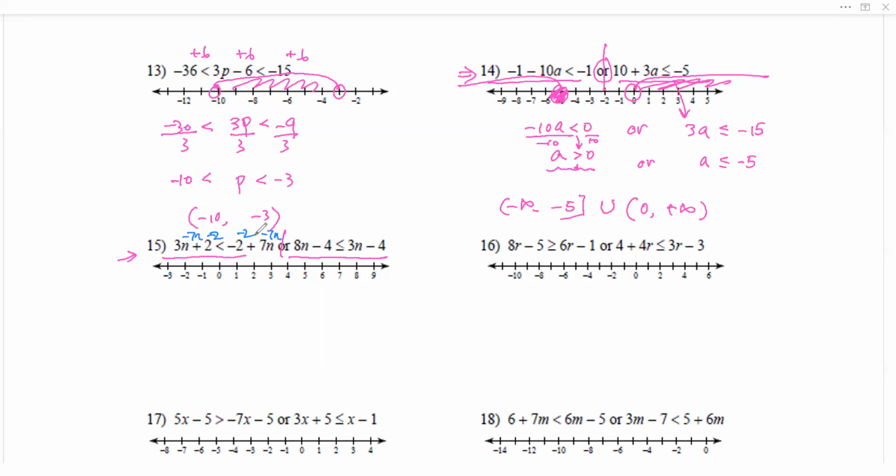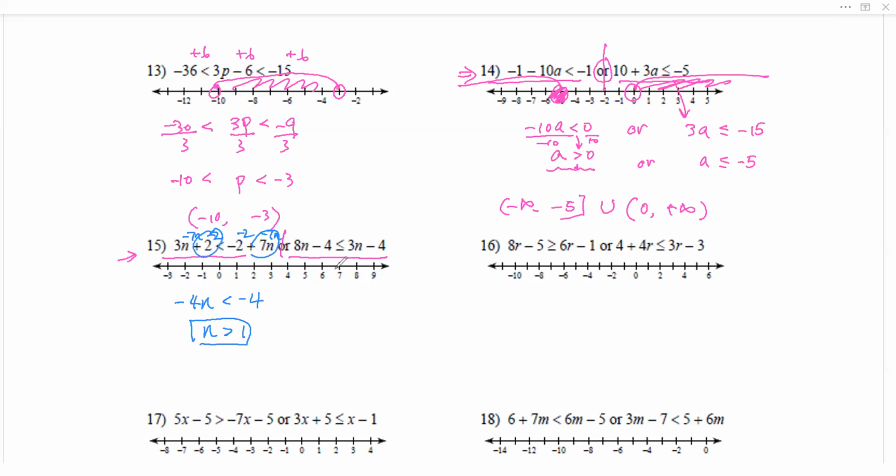So you can see here we got 0, and here it became negative 4n less than negative 4. So both sides divide by negative 4. You need to change the alligator mouth, right? So you got this one in the first part.